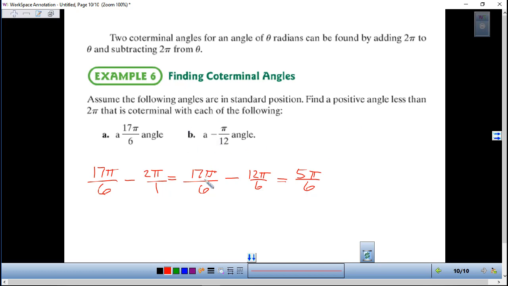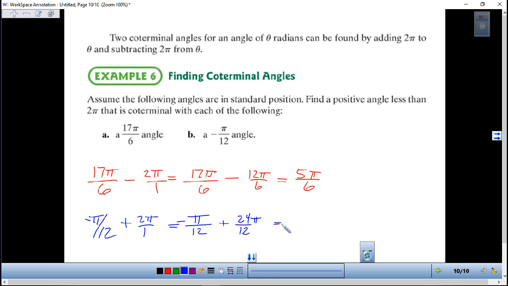Now, same thing here with the negative pi over 12. Remember, you want a positive angle less than 2 pi, so of course you're going to have to add 2 pi. And if you're talking about twelfths, then that means you're going to end up adding 24 pi over 12, because that's going to be equal to the 2 pi.